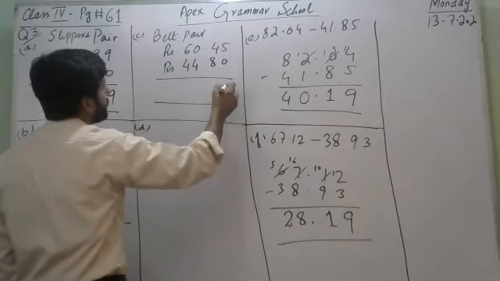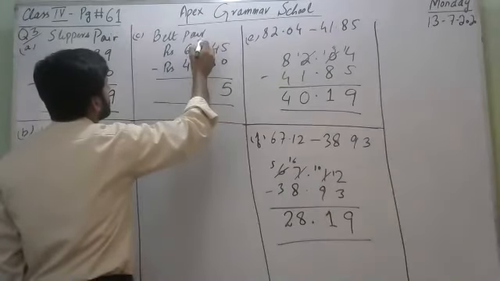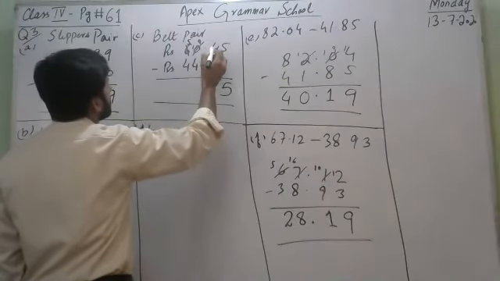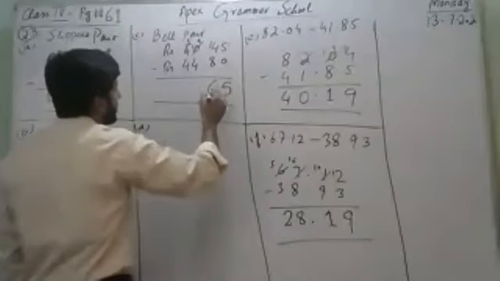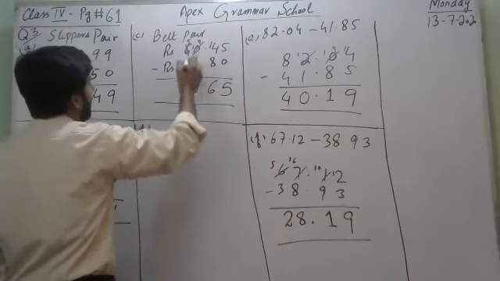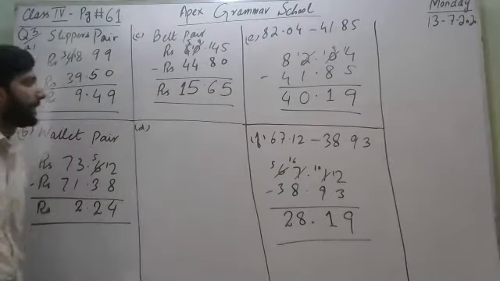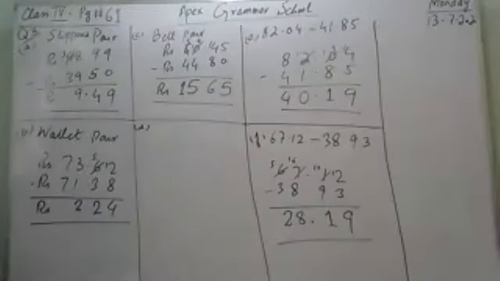Five minus 0, this is 5. 14 minus 8, this is 6. Decimal as it is. 9 minus 4, 5. And 5 minus 4 is 1. 15.65 is the difference between two belts.